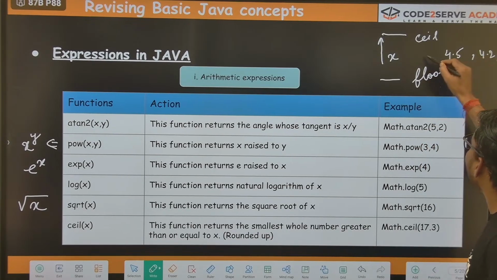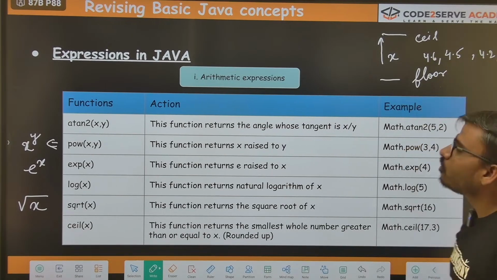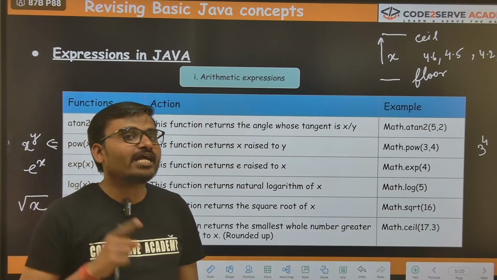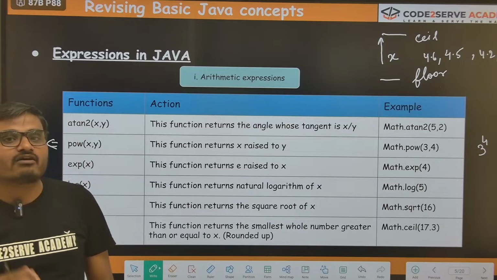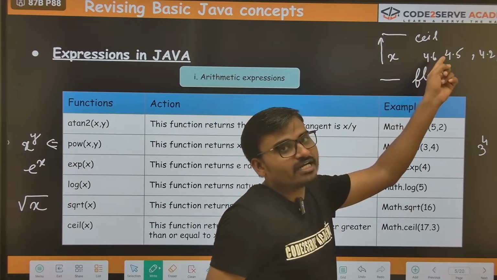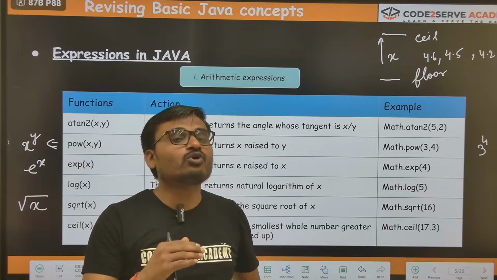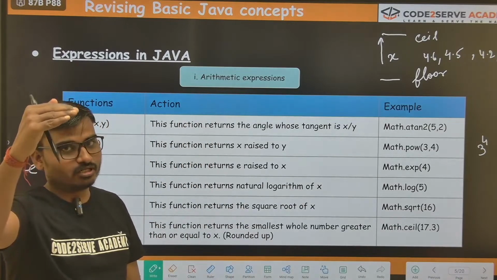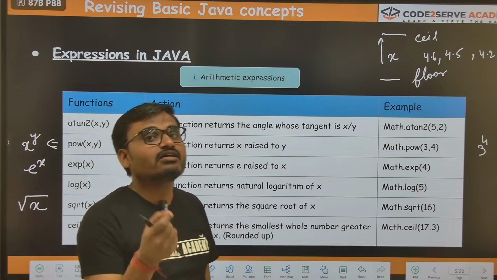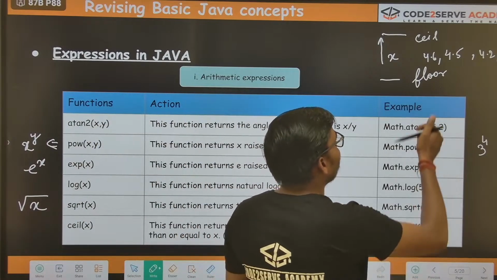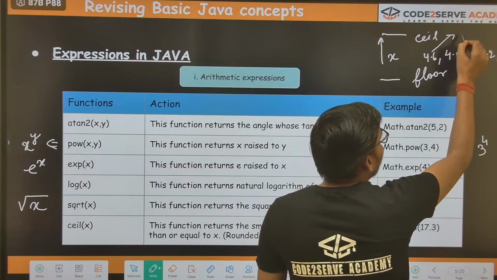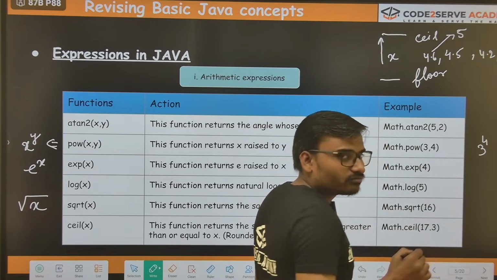Let's make this 4.6 as well. Suppose these are the numbers and I'm telling you to find the ceil or the floor of these numbers. If we take 4.6, that means you have to go above that number and return the nearest integer value that is available. So where will you go? This will result in 5.